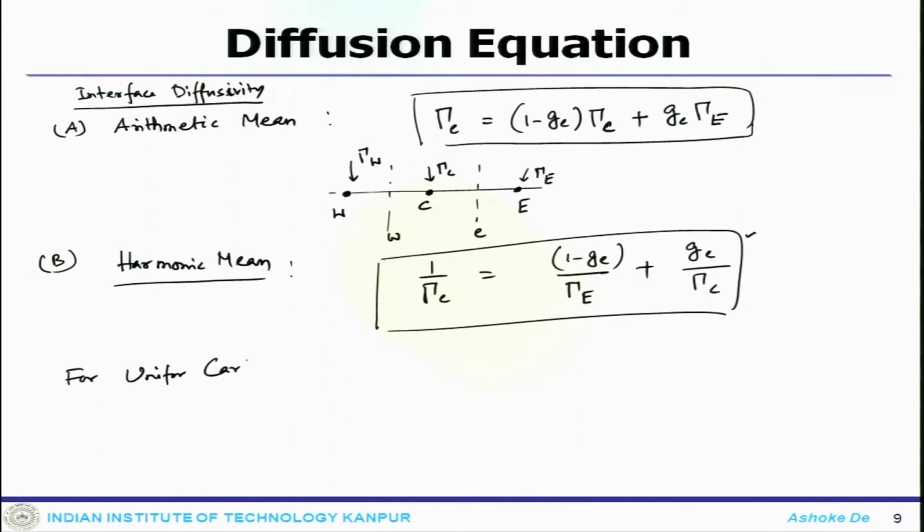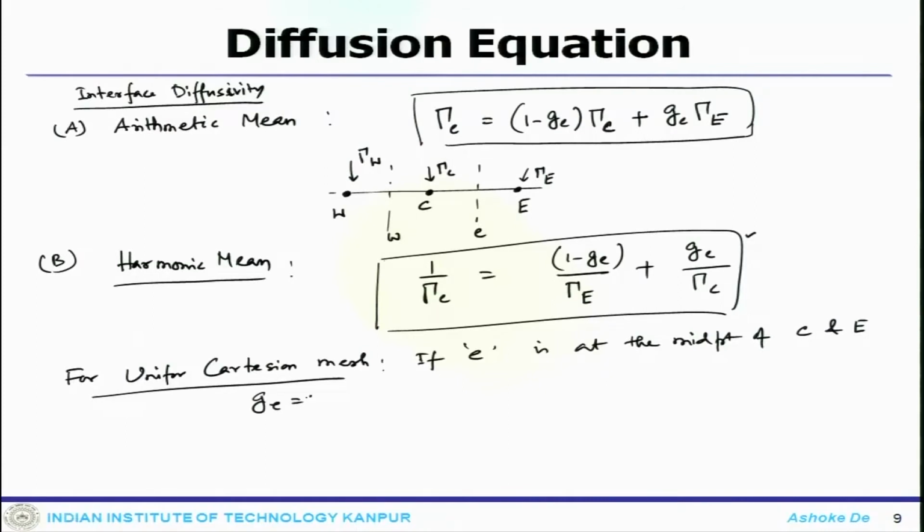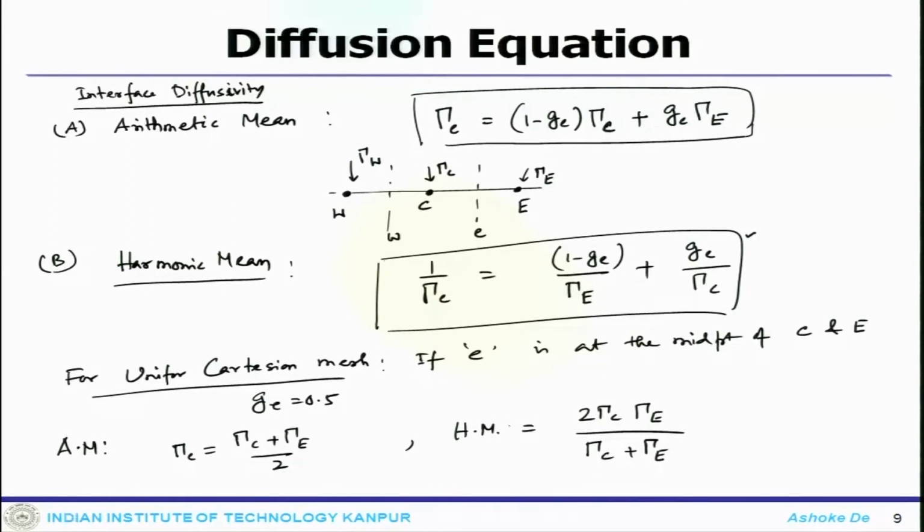So, the message here is that, so both the cases, let us say for uniform Cartesian mesh, if e is at the midpoint of C and E, then g e would be 0.5, which will lead the arithmetic mean would be gamma e is gamma C plus gamma E by half, or harmonic mean it would be 2 gamma C gamma E divided by gamma C plus gamma E. So, in the harmonic mean gamma e is like that.